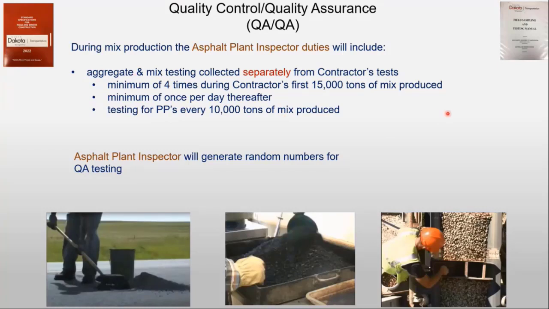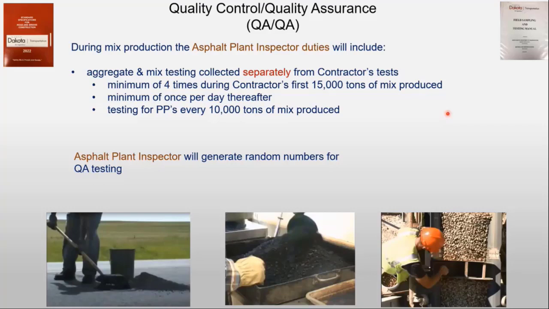So we have to take some tests too, and it's a lesser amount than the contractor, but we have to do it to verify that everything is working well. The QA and QC labs have to get separate tests. It cannot be a split.